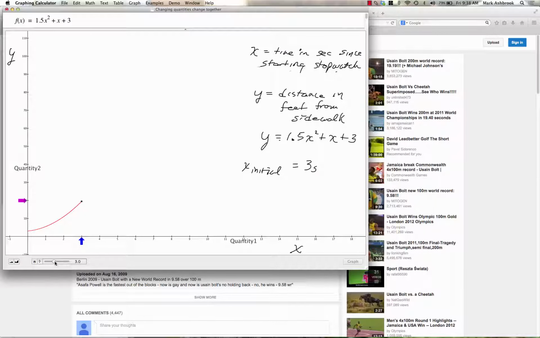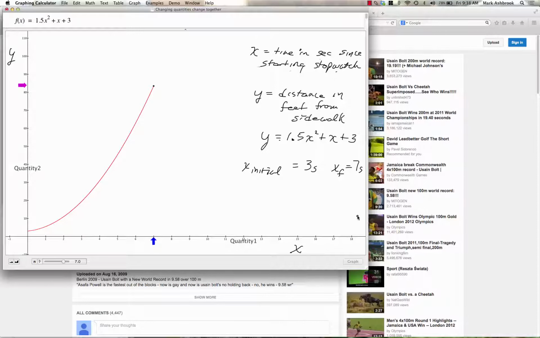So I'm setting up the scenario here. We're going to look at as x changes from 3 to 7, or the time changes from 3 seconds to 7 seconds. So x final, 7 seconds.